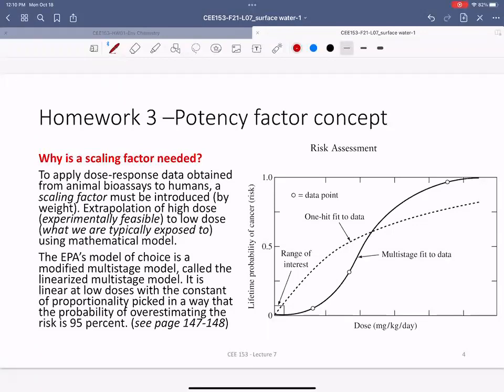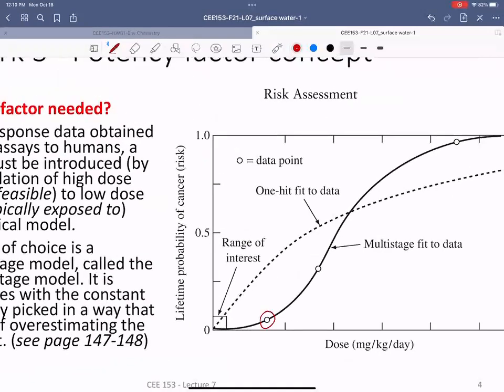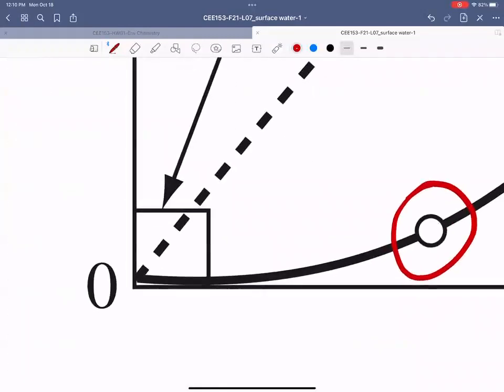To do that, you have to scale the results. As you can see in this figure, you have data until here. That's the lowest concentration data. But what you are looking for is here, because the exposure concentration is within this range, very low concentrations. You can't do the experiment at that low range.